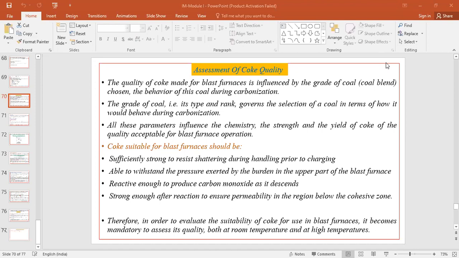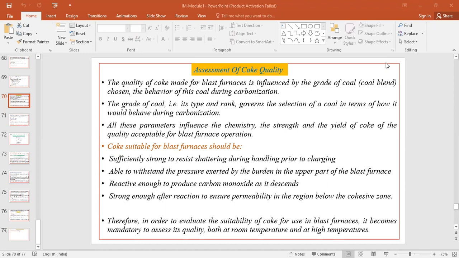Grade of the coal means its type and rank, which governs the selection of a coal in terms of how it will behave during the carbonization process.